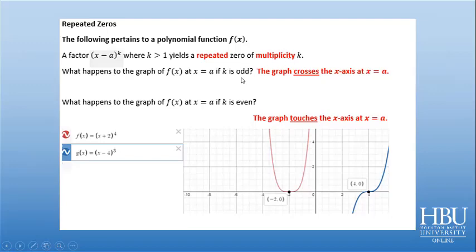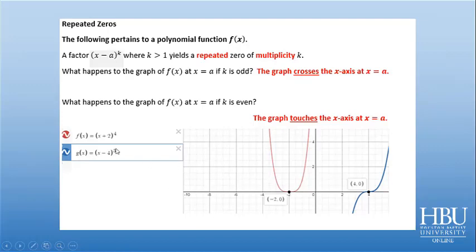If k is odd, the graph is going to cross the x-axis at x equals a, and if k is even, the graph is going to touch the x-axis at x equals a. What do we mean by that? I think, again, a picture is worth 1,000 words. Let's look at 2 examples.